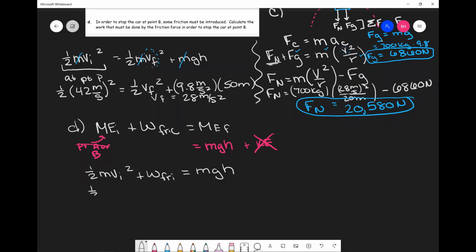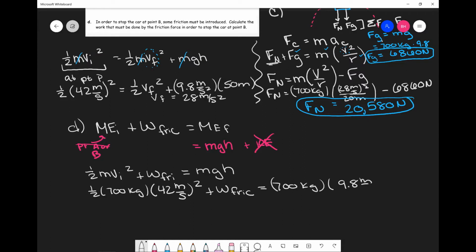It's going to be 1/2 times 700 kilograms times our velocity squared, which we said was 42 meters per second squared, plus our work due to friction, which is equal to 700 kilograms times our gravitational acceleration times our height, which is 50 meters.